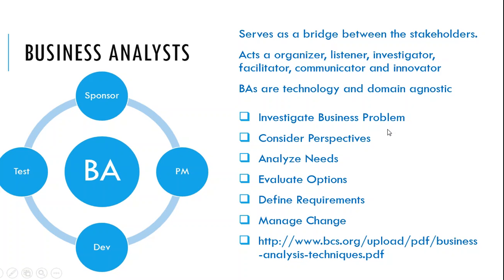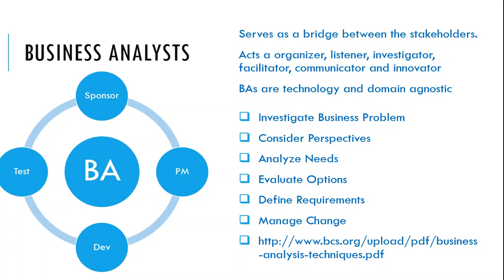Okay. BAs are technology and domain agnostic. What that means is that you have to be completely independent of technology. The information that we are going to share in this training program, the skills and knowledge that we will give you, will apply to any technology or any domain. So that's why BAs are supposed to be domain agnostic.